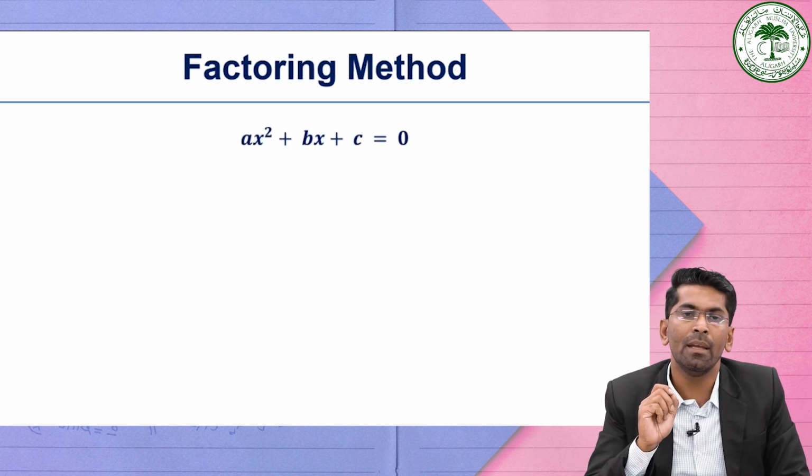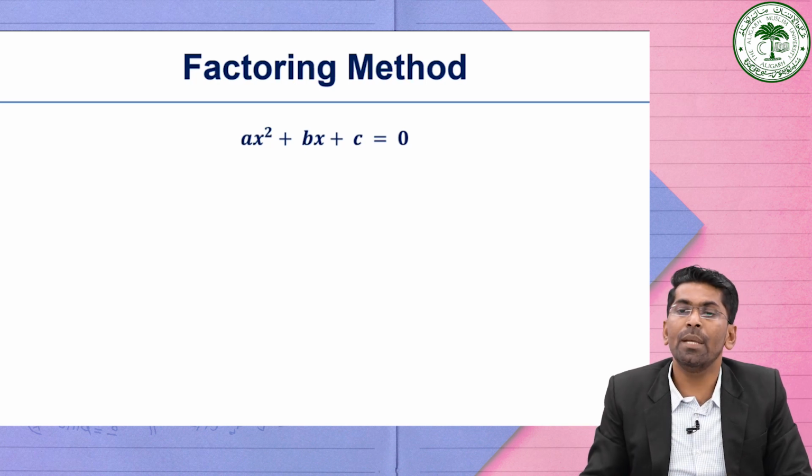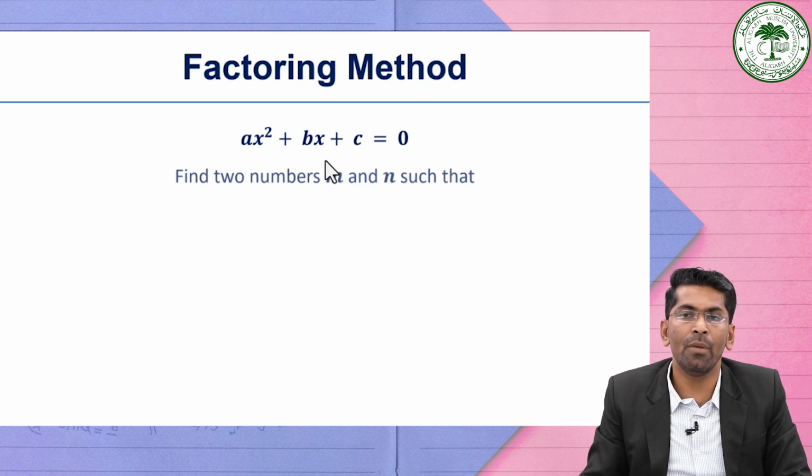For example, consider the quadratic equation in the form ax square plus bx plus c equal to 0. By using the factoring method, we can solve this equation. First, we find two numbers, which we denote as m and n.